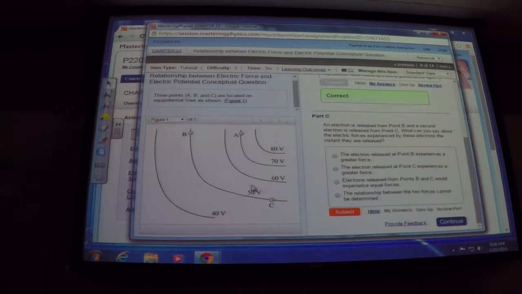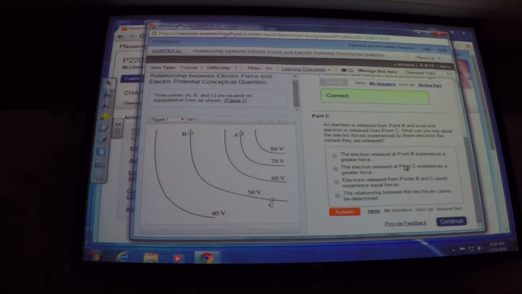Both of them are electrons, and we said that the electron force at B is going to move to the right. Let's take a look at the direction of the electron force at C. It's going to be up. High to low, perpendicular to this. It's an electron, so you go the other way. So the electron force is up.